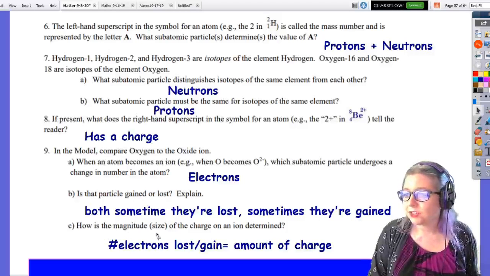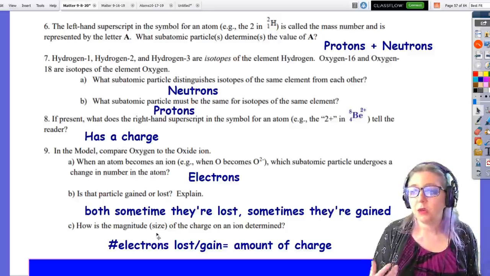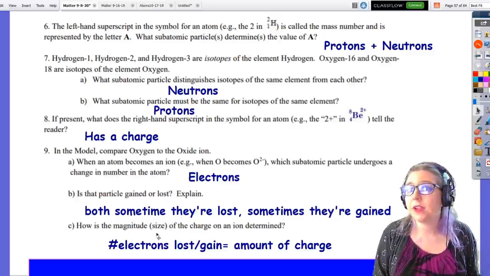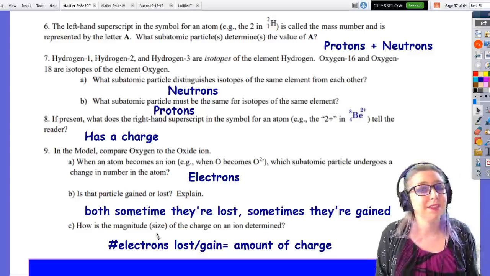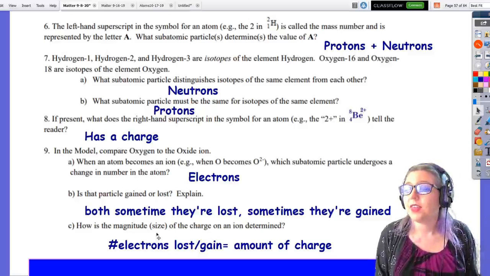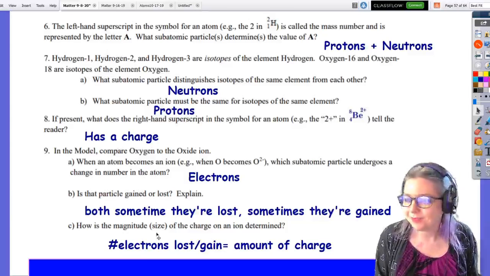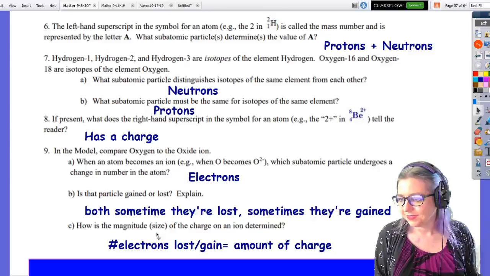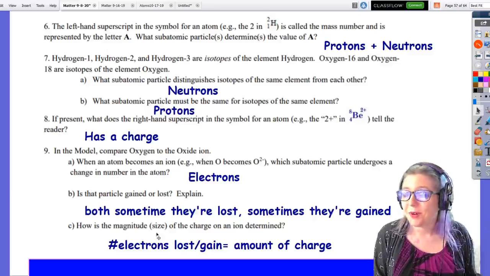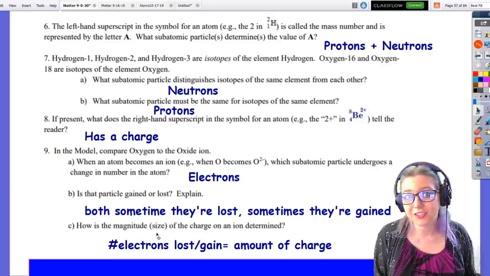How is the magnitude, so the amount of the charge, determined? So why is it a -2 for oxygen? Why isn't it a +2? Or a -1? So how is the magnitude or size of a charge on an ion determined?